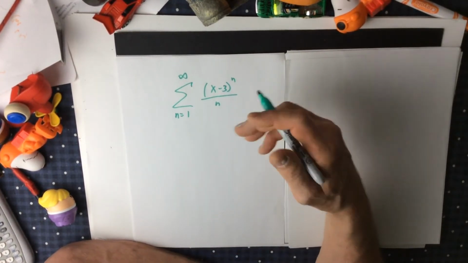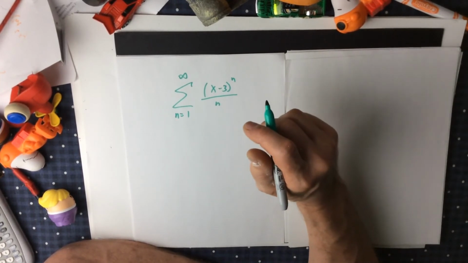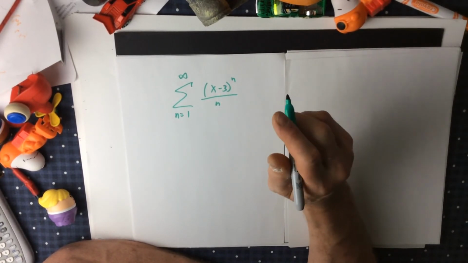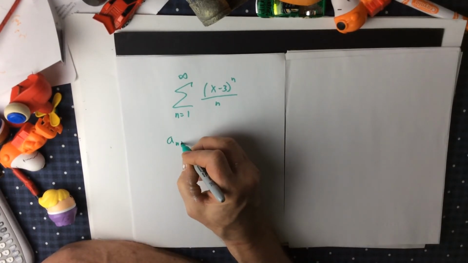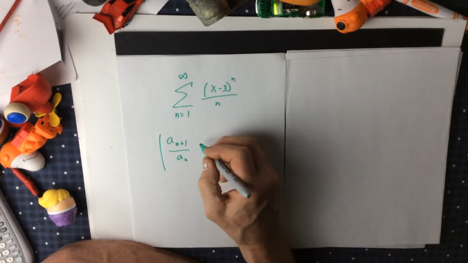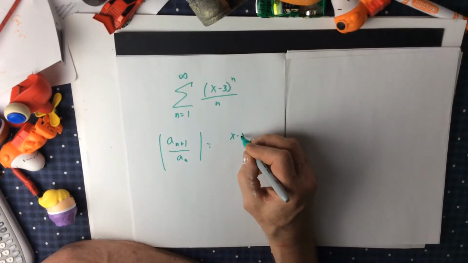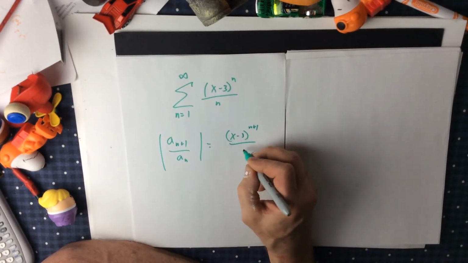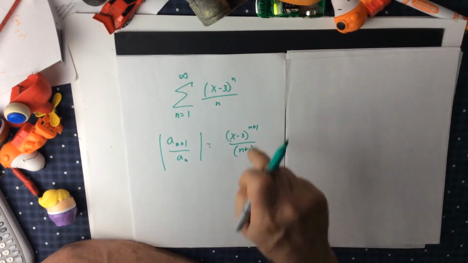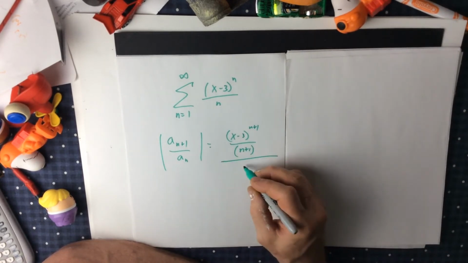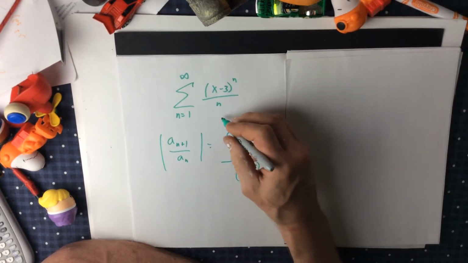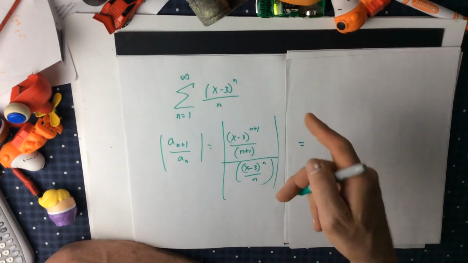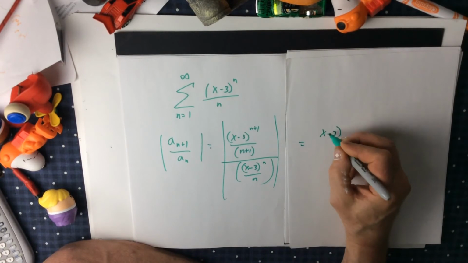By the way, the ratio test is the number one test used when you're working with power series. So I'm going to do a ratio test on this one. a sub n plus 1 over a sub n: x minus 3 to the n plus 1 over n plus 1. I plugged in n plus 1, divided by plug in the n, absolute value, invert and multiply.